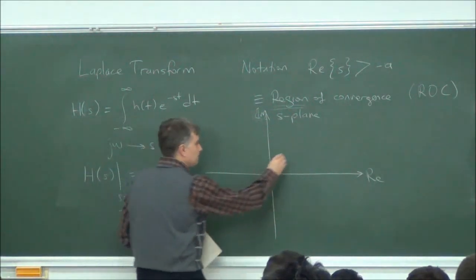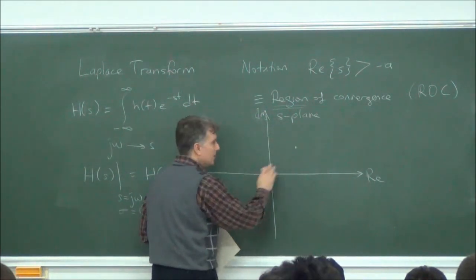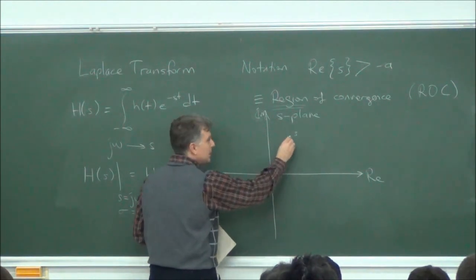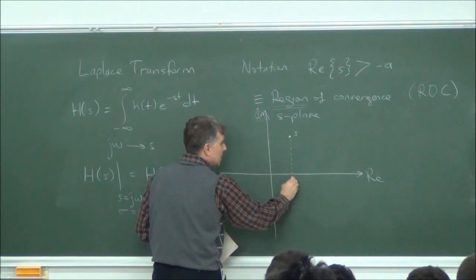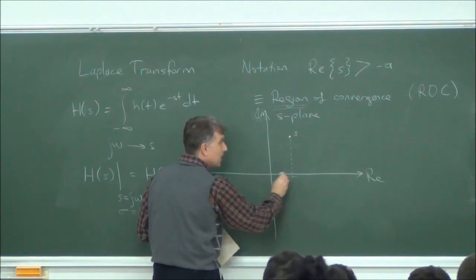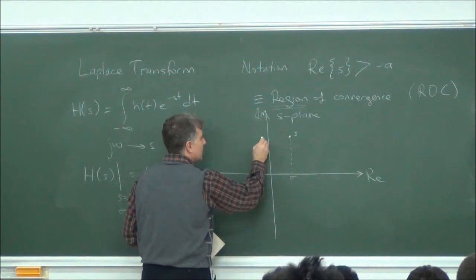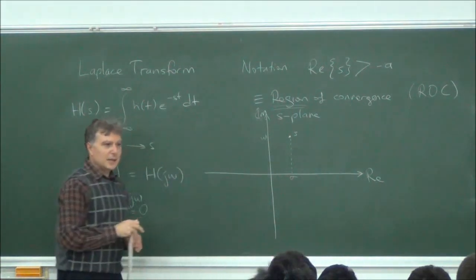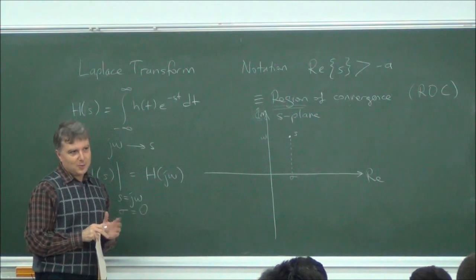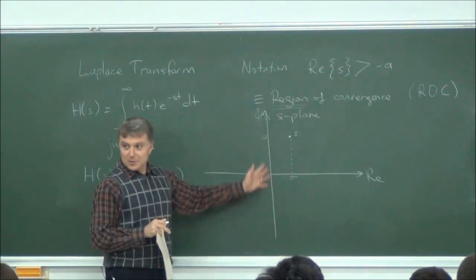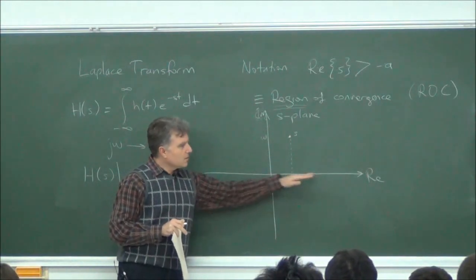So for example, when I put an S here, what does it mean? It means that this is sigma, the real part, and this is omega, the imaginary part, j omega in other words, right? So this is the j omega axis, and this is the real axis.